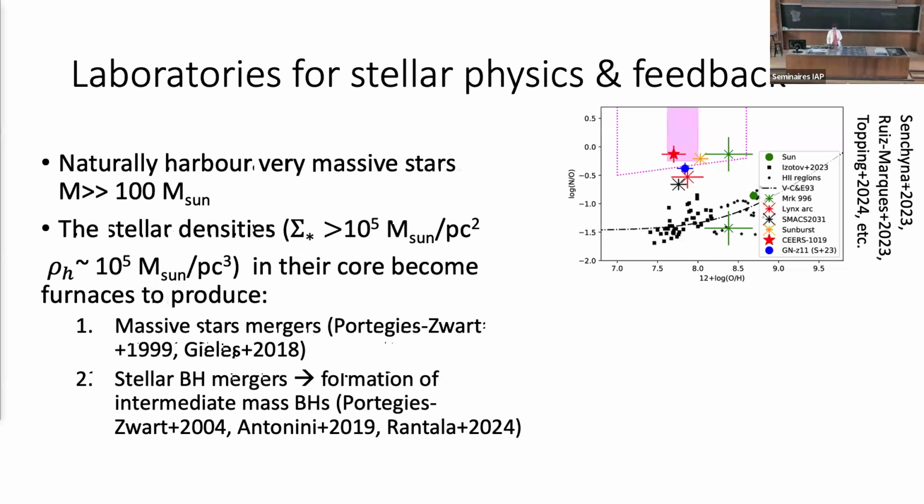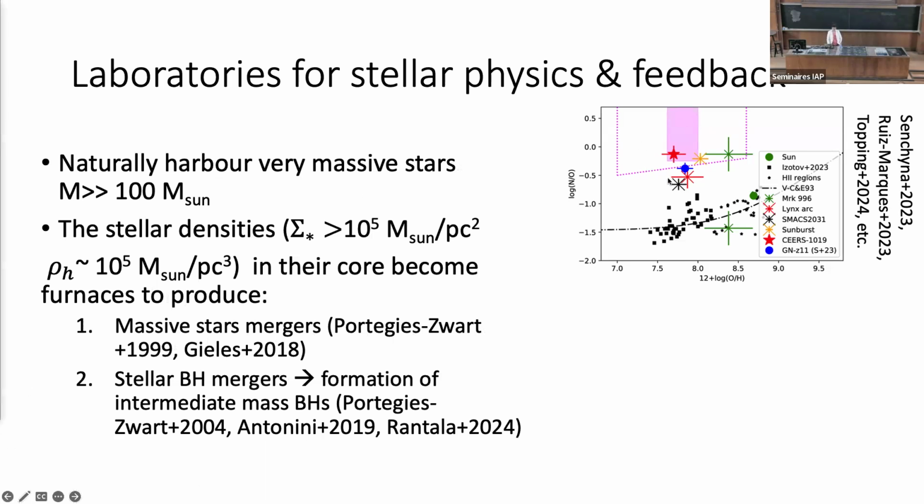So what happens if you run N-body with this stellar density is that you can easily produce a very massive star, or this supermassive star. You can reach up to 1,000 solar masses in the core of this star cluster, and you can have a runaway black hole merger. So this becomes a viable channel for growing intermediate mass black holes.